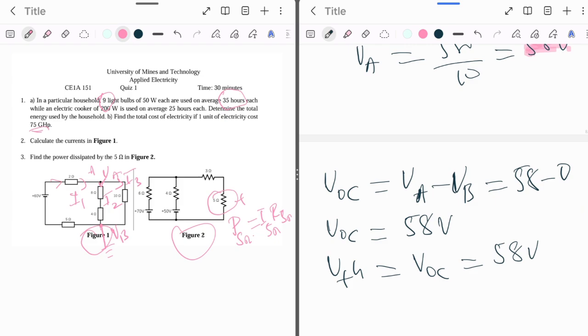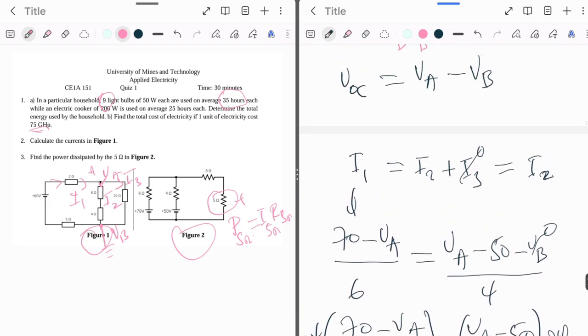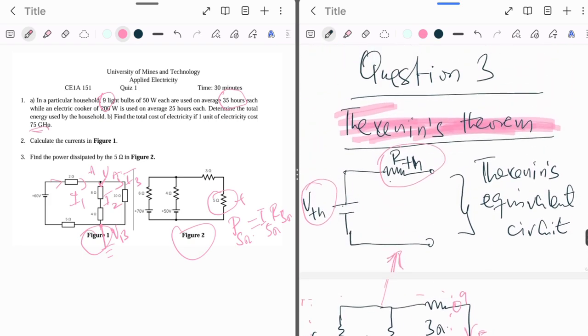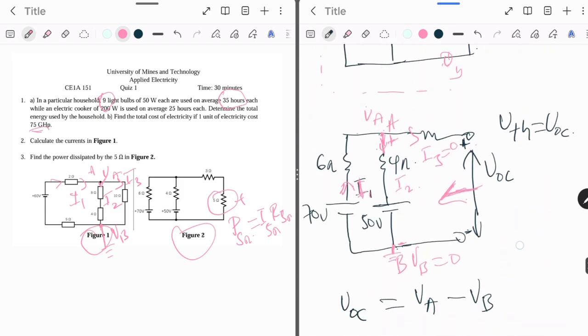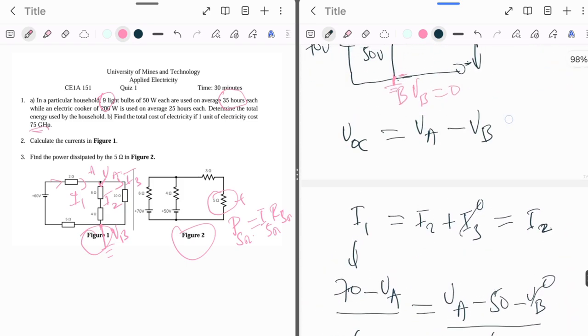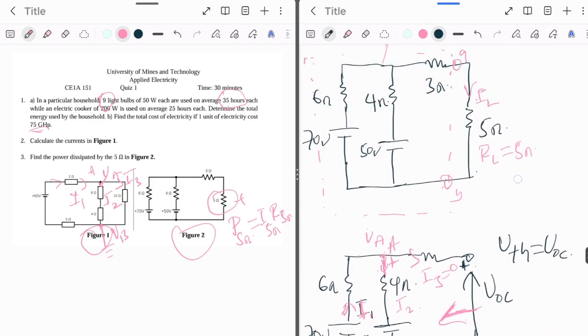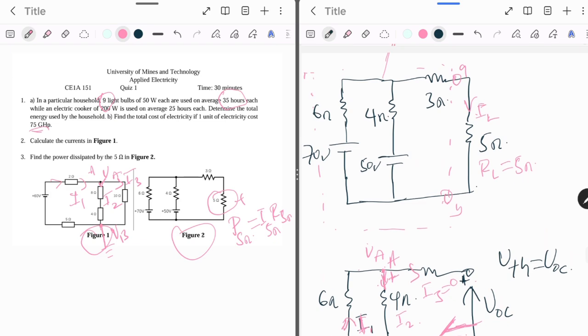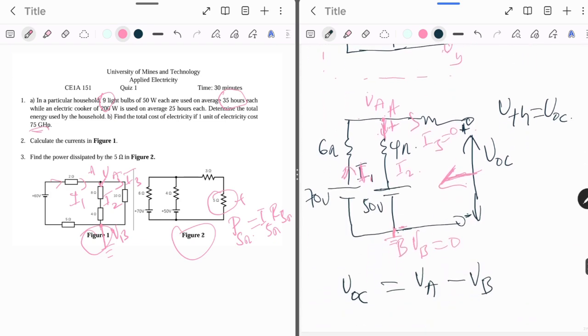Now let's get the other parameter, which is what? Thevenin's resistance, right? So we have to get this Thevenin's resistance, which is RTH. Now, in solving for RTH, again, we go back to the circuit diagram. I have my load, and this is my non-load part of the circuit diagram.